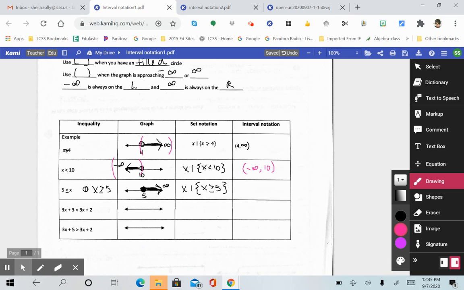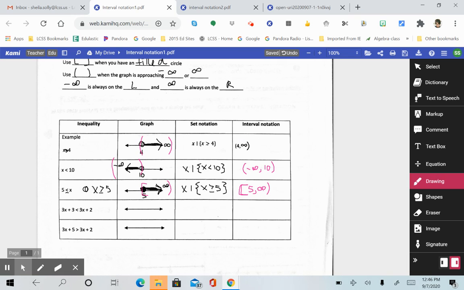Now to do our interval notation, at a filled circle we have a bracket. It's always a parentheses at an infinity. So it's going to look like this. Bracket 5, comma, infinity, parentheses. If we're looking at just the interval notation, this would mean every number between 5 and infinity, and the brackets tell us it includes 5 as well.